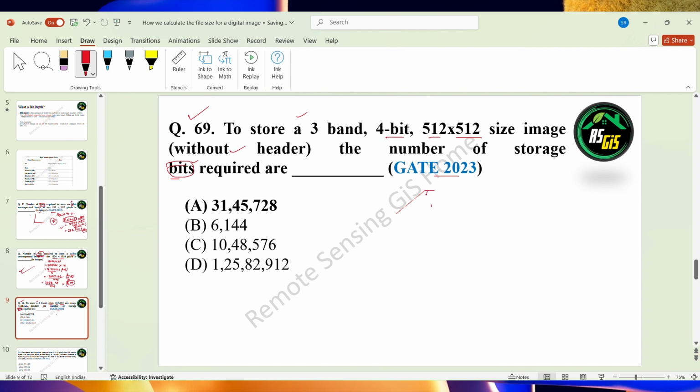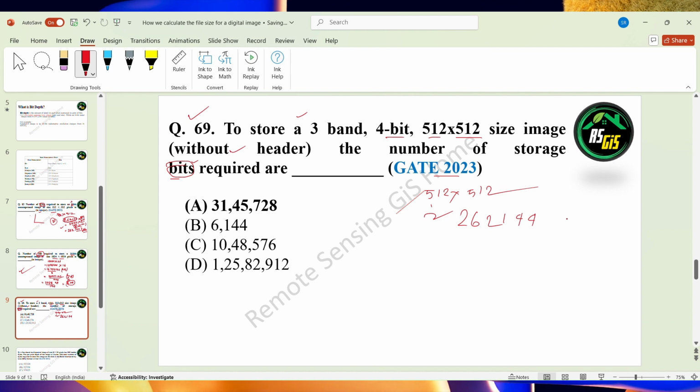So the first thing is 512 into 512. If we multiply 512 into 512, the value is 262144.